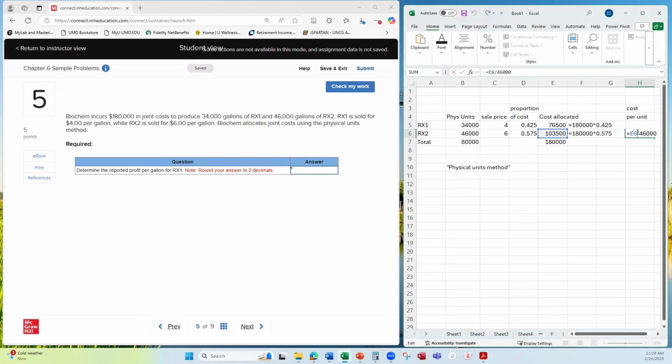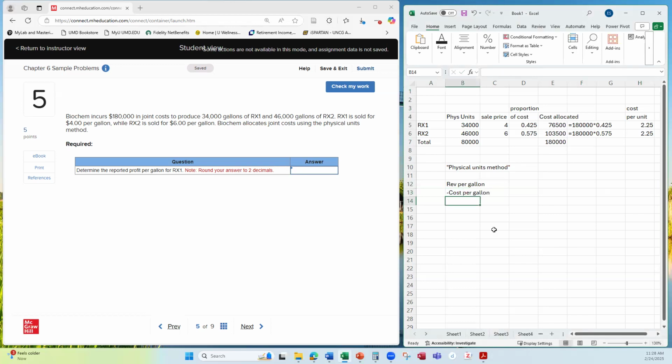B6 divided by B6. There we go. All right, so yeah, so the cost per unit is the same, right? Now, they're asking us for the profit per gallon, right? So revenue per gallon minus the cost per gallon.